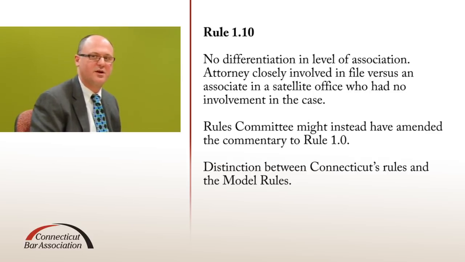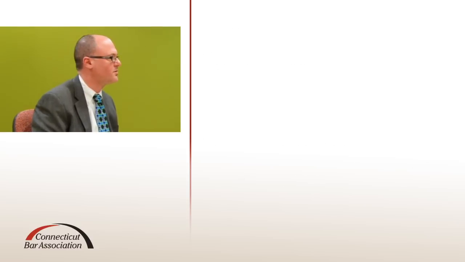The official commentary to 1.0 involving the screening process conspicuously left out Rule 1.9 and 1.10. That was always a distinction between Connecticut's rules of professional conduct and the model rules. I don't know why the Rules Committee simply didn't just amend the official commentary to 1.0 to include 1.9 and 1.10 within its purview. By creating this whole process, I think they've made it more confusing.